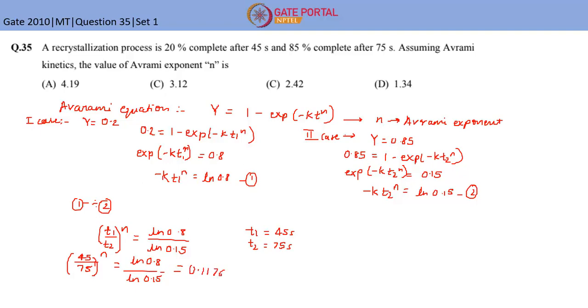So from this we can calculate that n comes out to be 4.19. So the correct answer for this question is option A, 4.19.